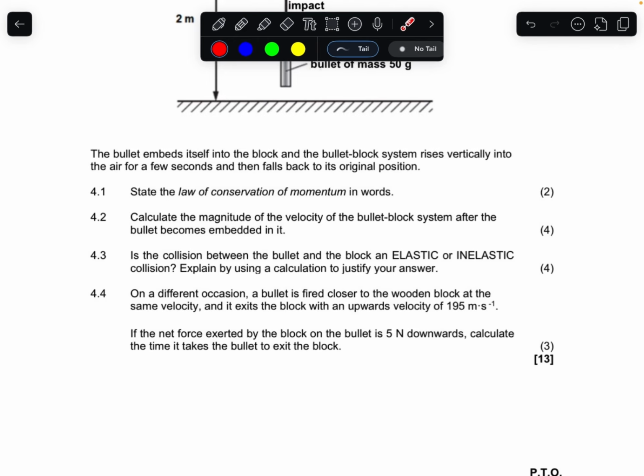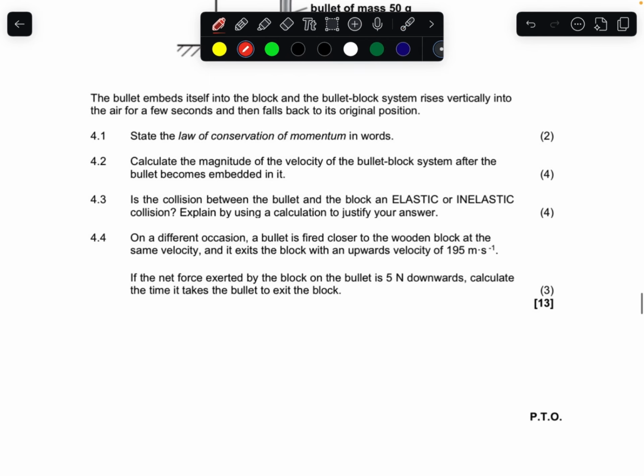4.2 says calculate the magnitude of the velocity of the bullet block system after the bullet becomes embedded. So they wanted the final velocity of both the block and the bullet, right? So what do we have first?